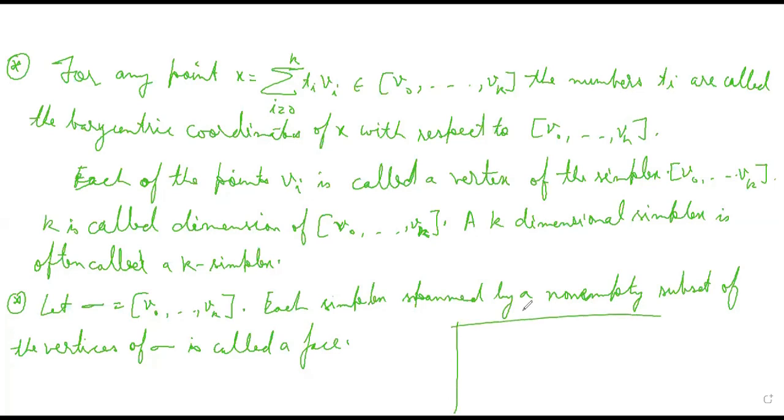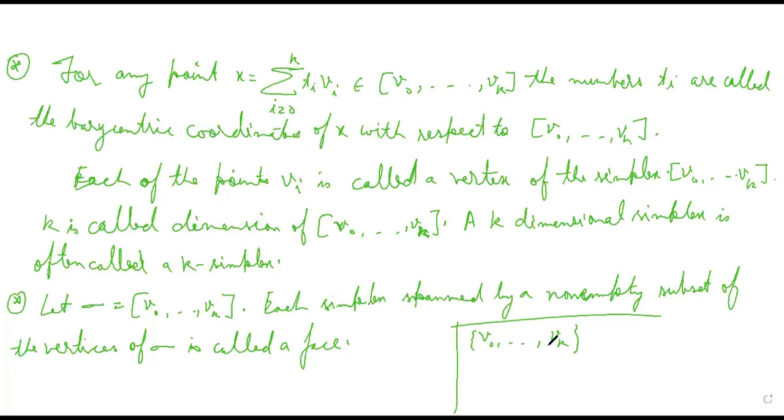One thing you should notice is that if we have a set in Rn which is affinely linearly independent, then every subset of it will also be affinely linearly independent.